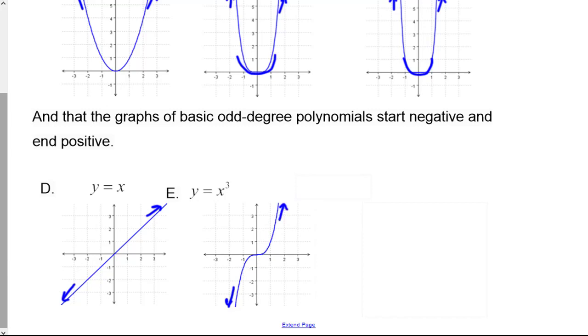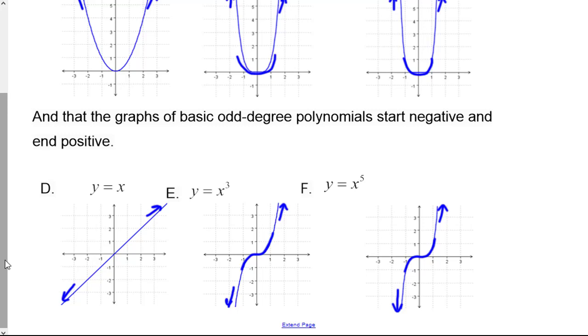But instead of going right through the axis where the 0 is, it kind of hovers a little bit. It kind of takes its time passing through. X to the fifth, extremely similar. Starts from negative infinity, ends at positive infinity, and it kind of sticks around the x-axis a little bit longer at that 0 than x cubed does.